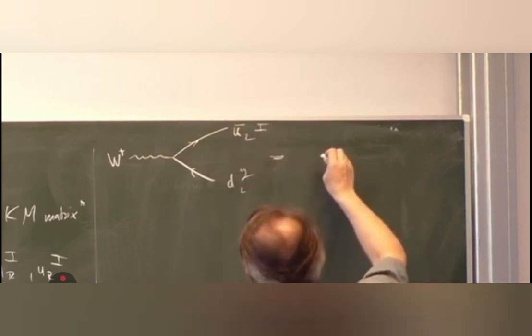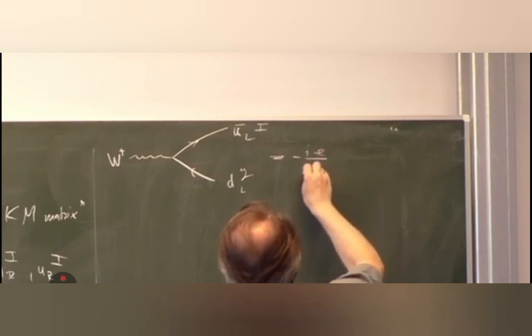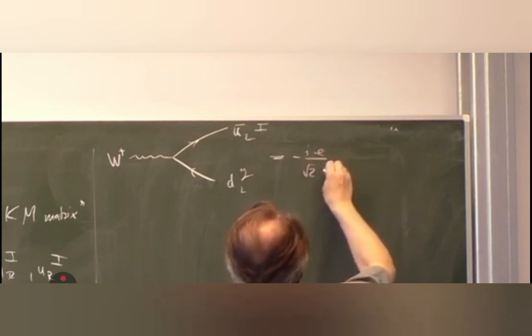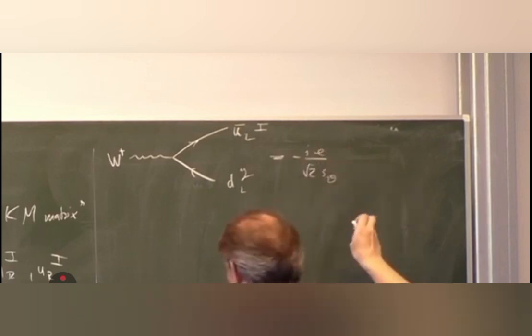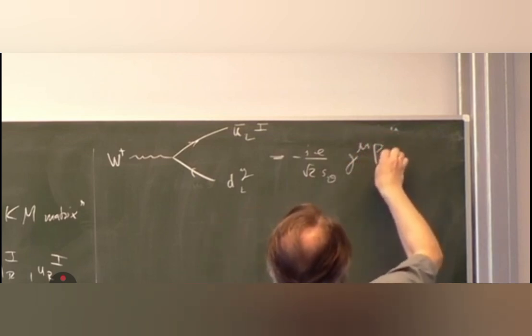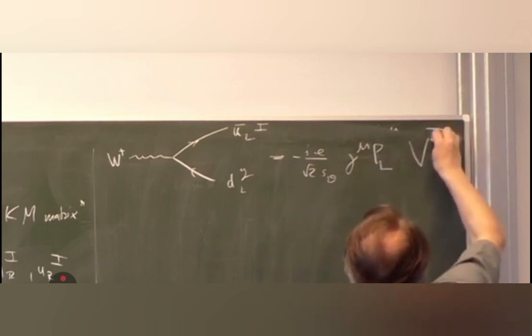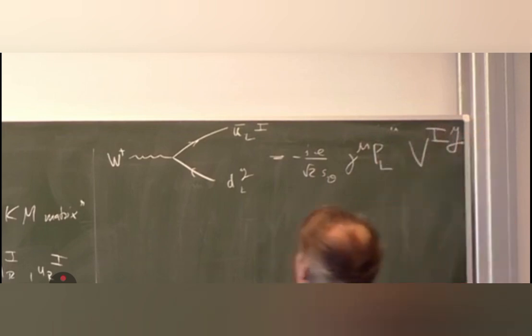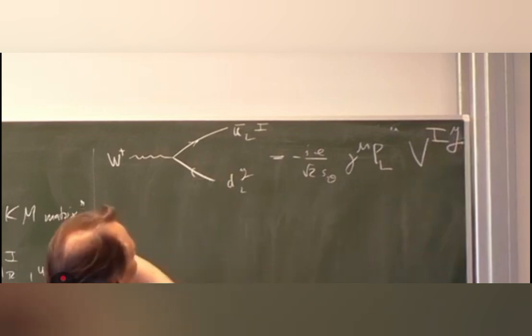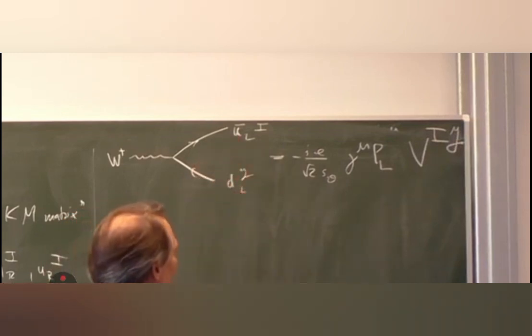This is not the same as in one generation, but the CKM matrix comes into play, so we have minus i times e divided by square root of 2 times sine theta times gamma mu times a left-handed projection operator, and then times the CKM matrix V ij, connecting up quark of generation i and down quark of generation j.